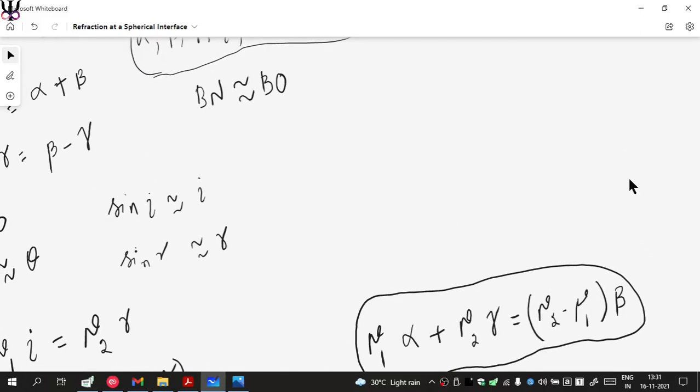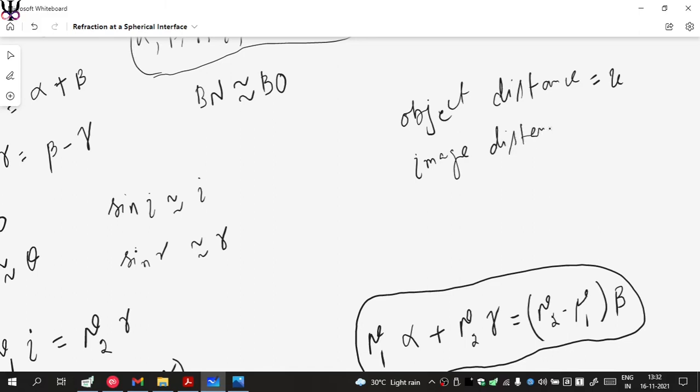In our usual optics we use these terms: object distance as u, and image distance as v.